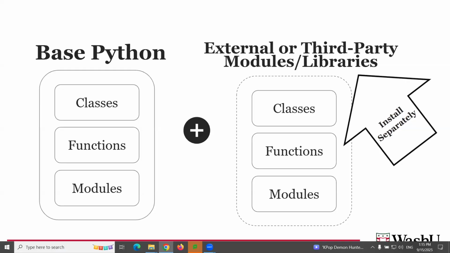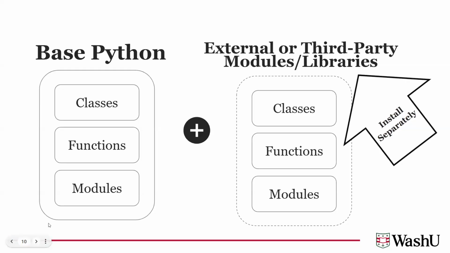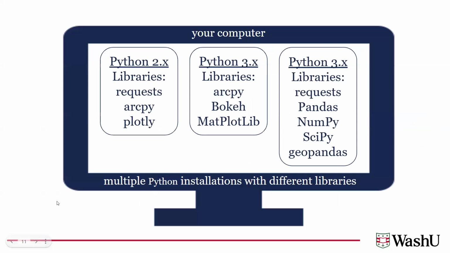When you install Python on your computer, you can actually have multiple copies of Python on your machine. So imagine we've got my computer here. We could have an older version of Python, so say Python version 2, which has its own libraries associated with it. And then the more recent version of Python is Python 3.